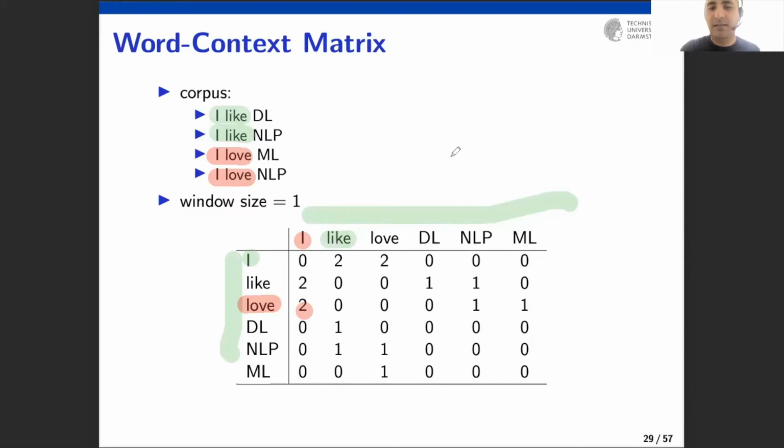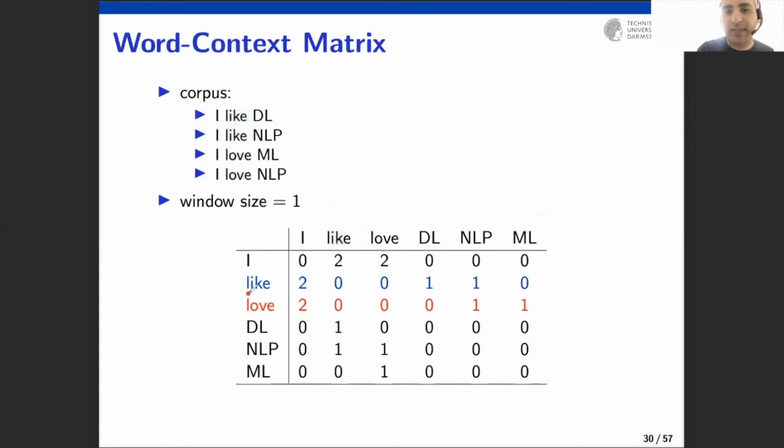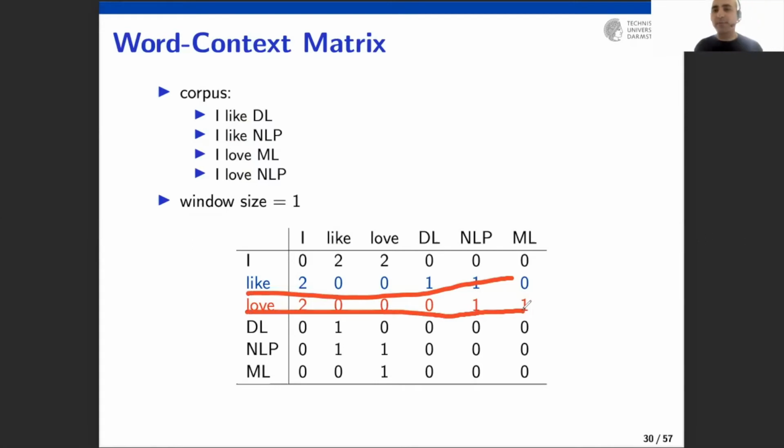And if you do it on the full corpus and extract the co-occurrence of each word in each context, you will see that the words like and love have very similar vectors.